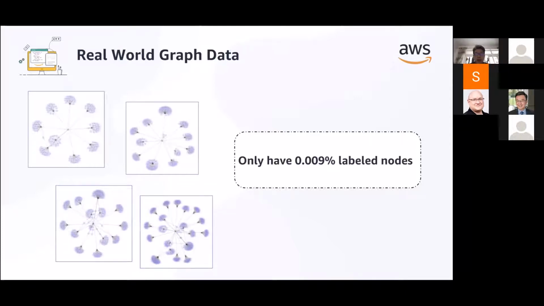This is real customer data. I picked 4 of them, and you can see that only a few of them have labels, as I showed here. The ego networks I show here come from 4 nodes, and on the top row one is labeled 0 and one is labeled 1 for the center nodes.